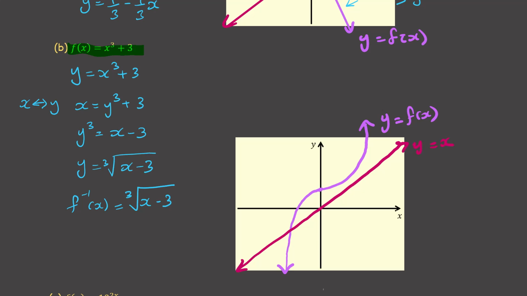And then we've got f of x is equal to 10 to the power 2x. Now hopefully you've done some logarithms, because we're going to need logs here. So y is equal to 10 to the power 2x. Interchange x and y. So x is equal to 10 to the 2y.